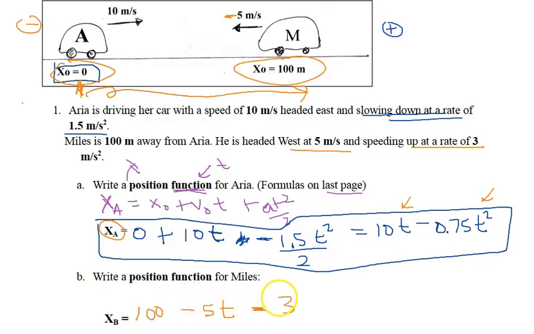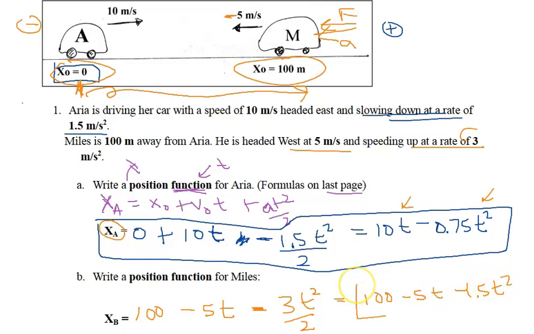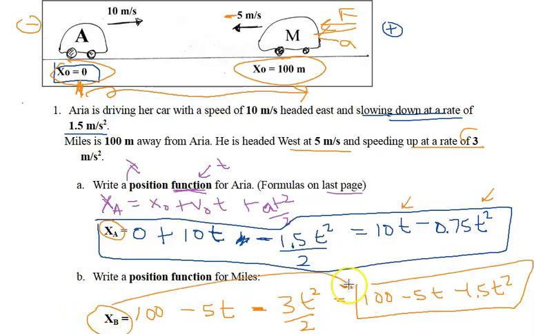So minus 3 t squared over 2, because in order to speed up, he needs to be pushed that way, and forces cause the acceleration. So he's being pushed that way, which is negative. Okay, so then to reduce that, that's 100 minus 5t minus 1.5 t squared. So that is his position function with the x_M included.